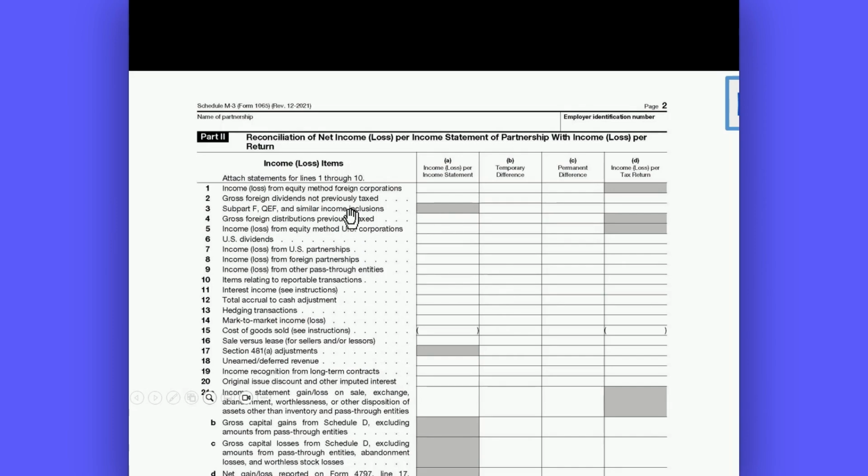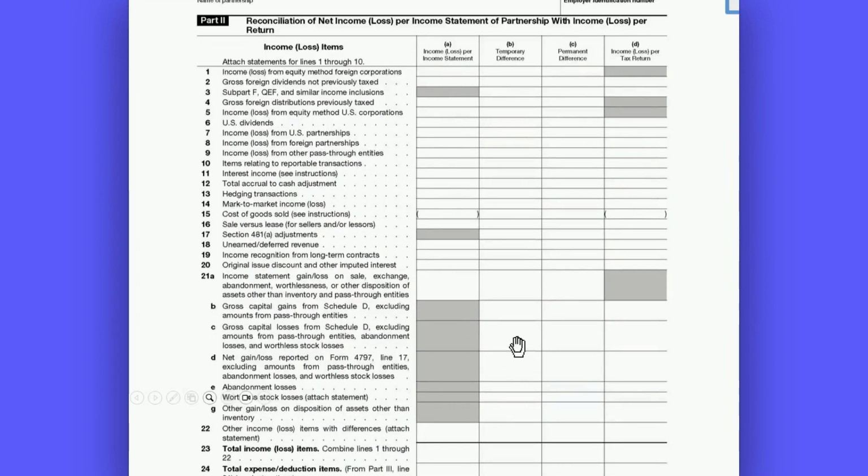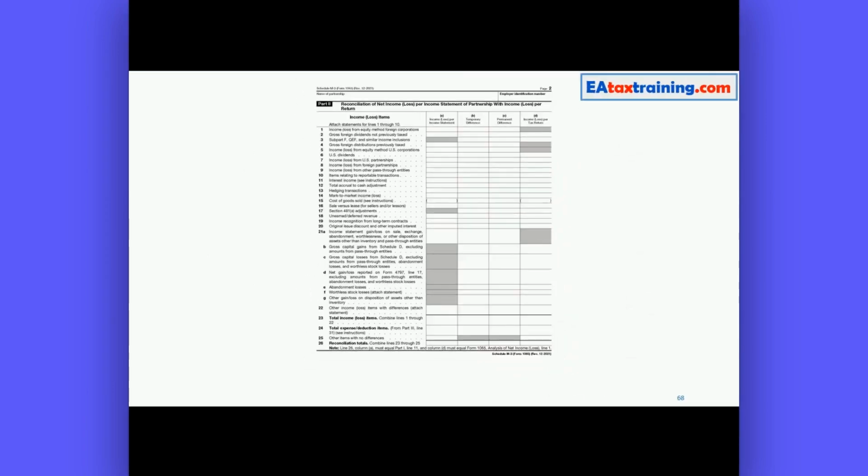And so what this is, is a very detailed reconciliation of your book income to your tax income. So this is kind of like the Schedule M1 we looked at on steroids. So it's going to have very much detail as opposed to more general categories that we saw on the M1.